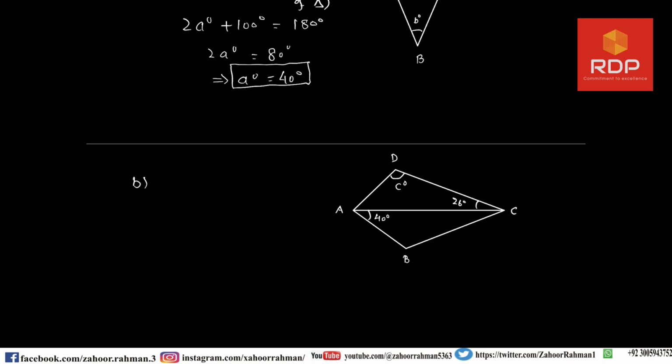So can I write 40 degree plus 26 degree plus C degree is equal to 180 degree? I am saying that this is 40 degree, this one, and this is 26 degree, and this is C degree, and that will be equal to 180.